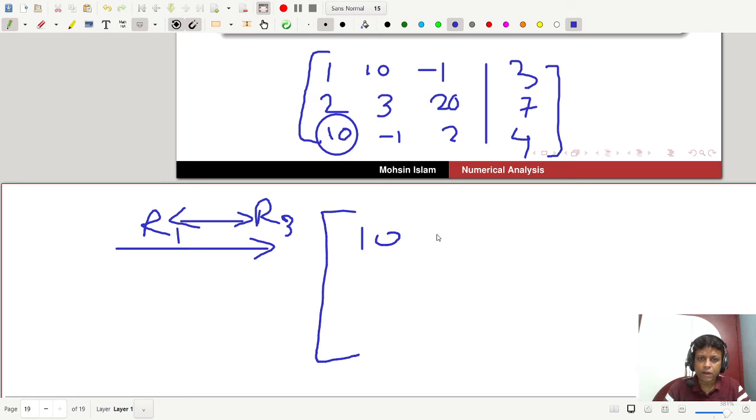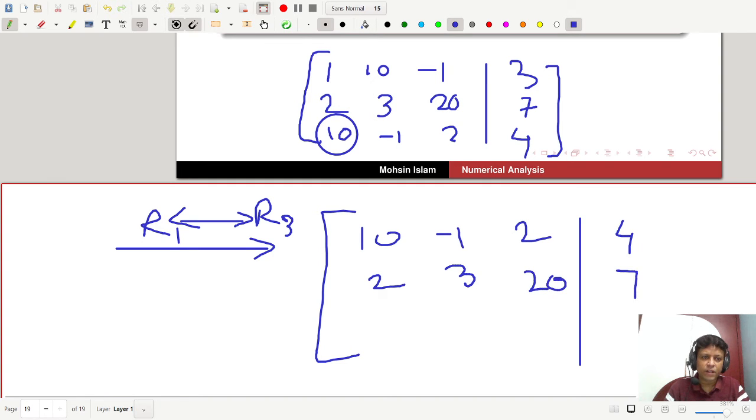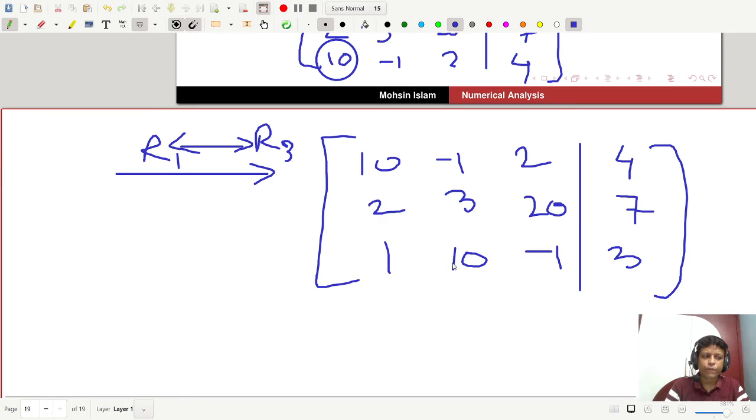So 10 minus 1 2 4, and 2 3 27 remains the same, and 1 10 minus 1 3. Okay, clear?